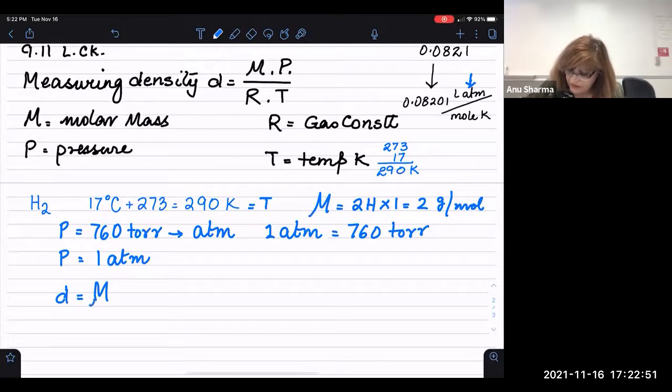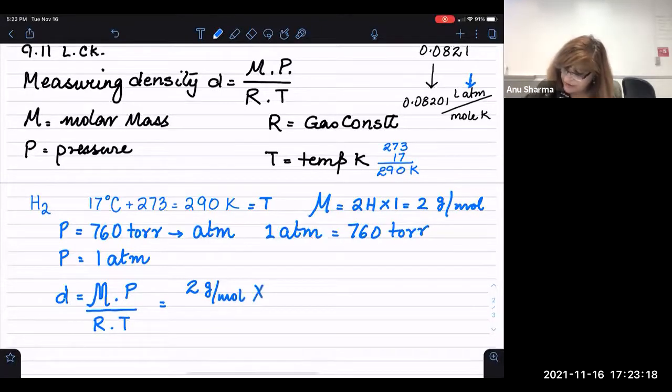There's a certain way this M is also made, more like italics. So times the pressure, over R and T.